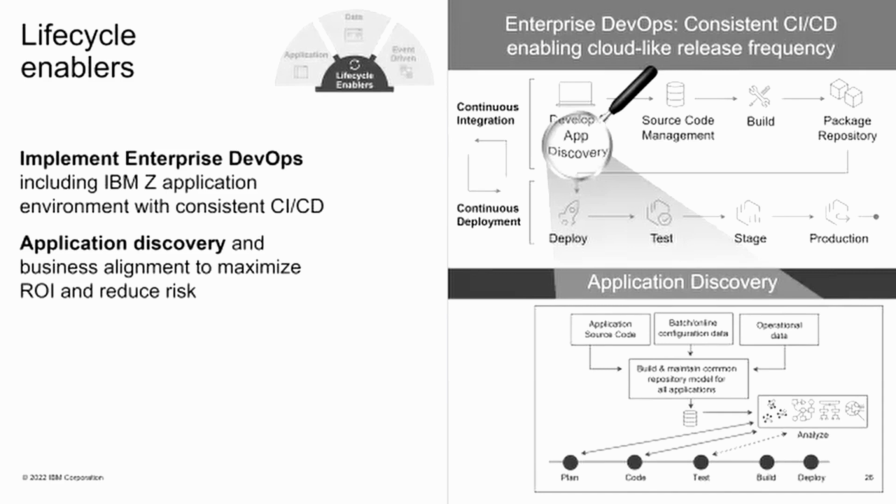So enterprise DevOps, and perhaps also application discovery: mining and analyzing your applications, and then modernizing and automating the DevOps processes that are used as part of the application development pipeline.